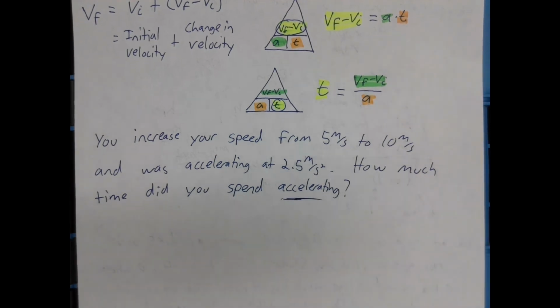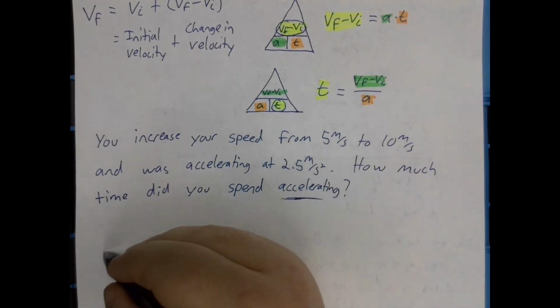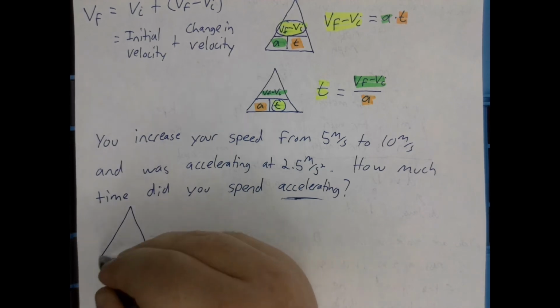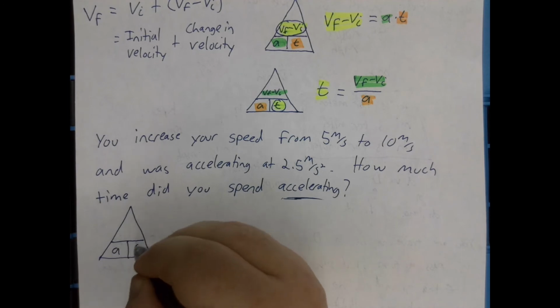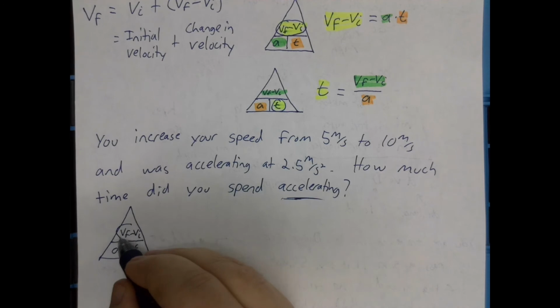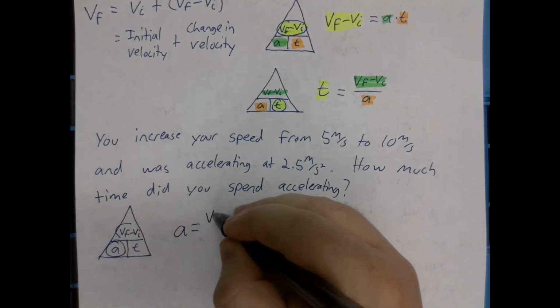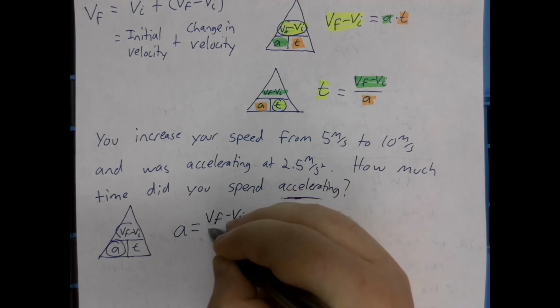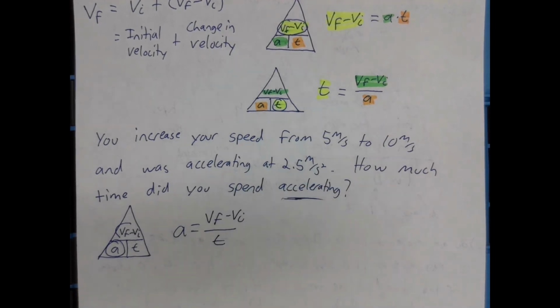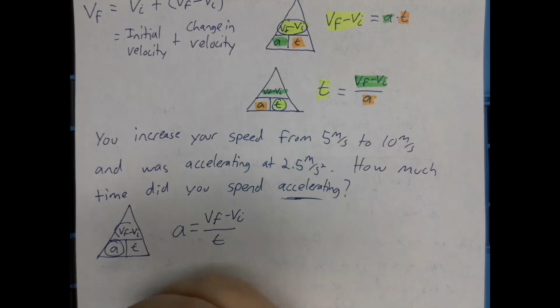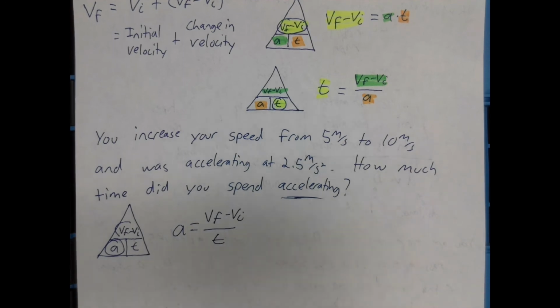Let's start by figuring out what equation we're going to have. So we're solving for A. A is VF minus VI divided by T. So this is our equation. We need a VF, a VI, and a T.